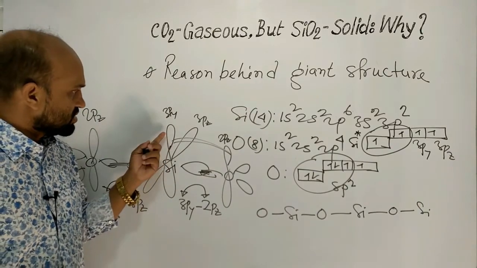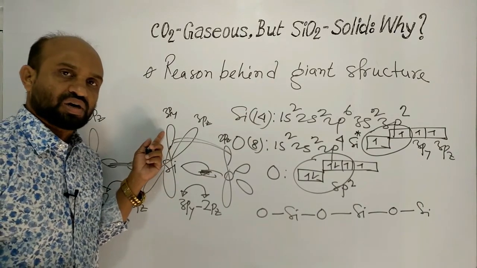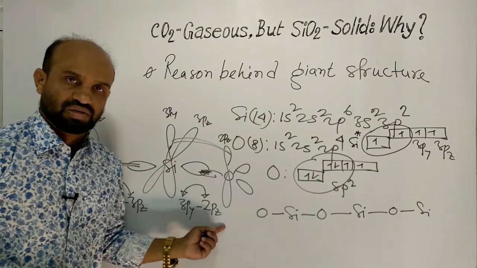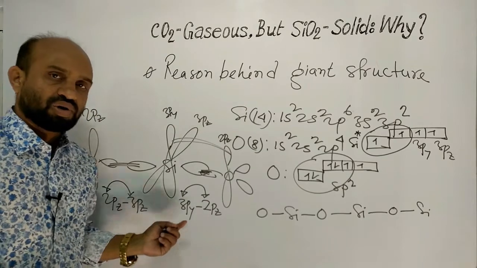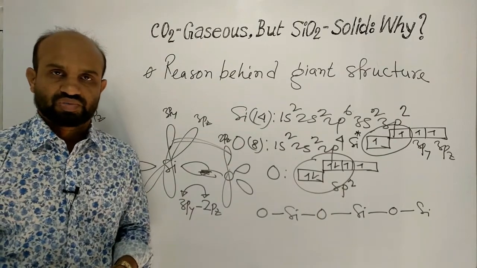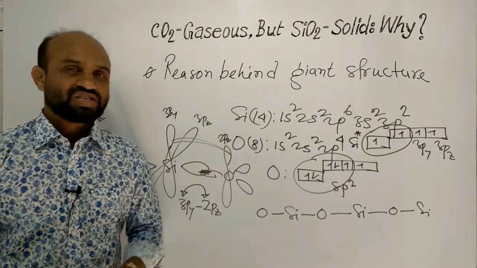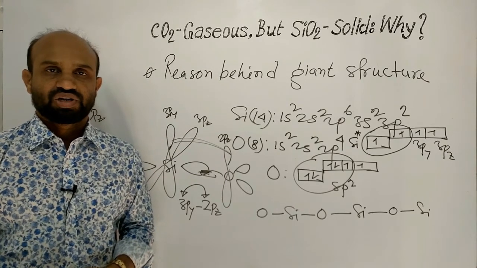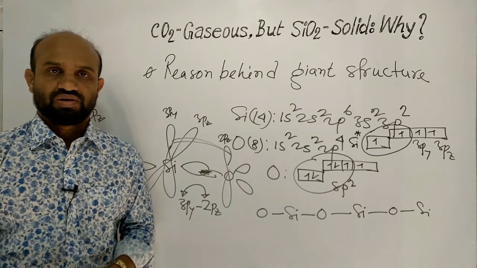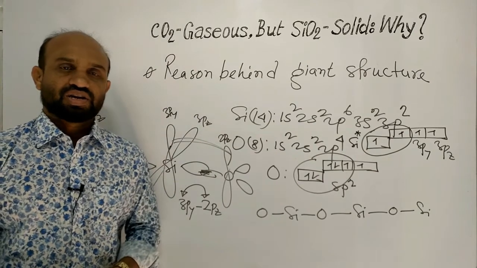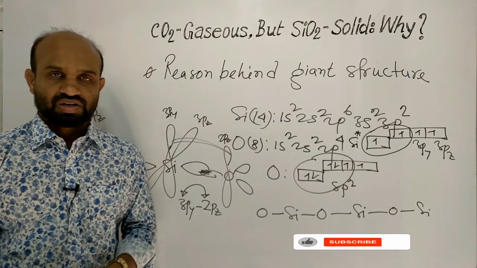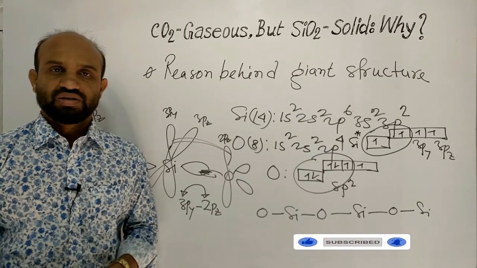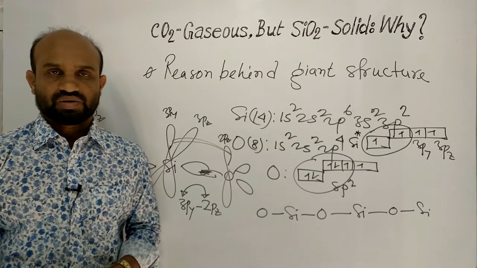This is the main reason for forming a giant molecule, a macromolecule. That is why silicon dioxide remains a solid substance, but carbon dioxide, with no polarity, remains a gaseous substance.